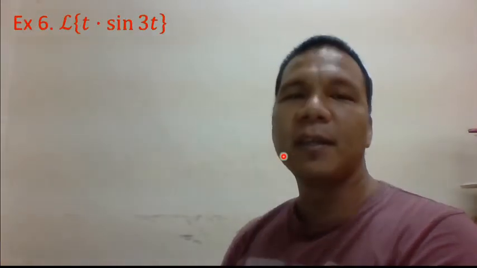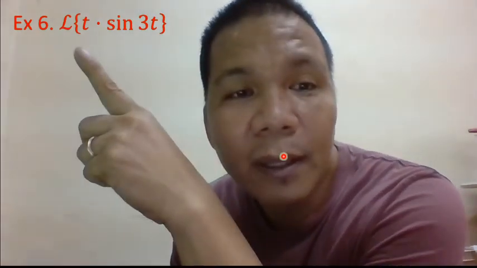All right. Now let's take this problem. We are going to solve the Laplace transform of t multiplied by sine 3t. How are we going to do that? Take note, your sine 3t here is the function of t.